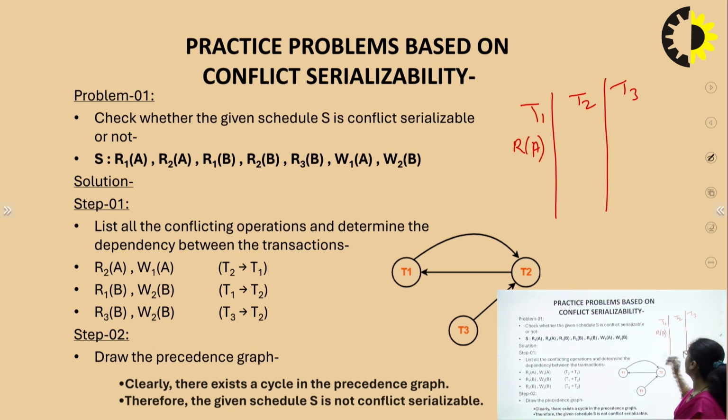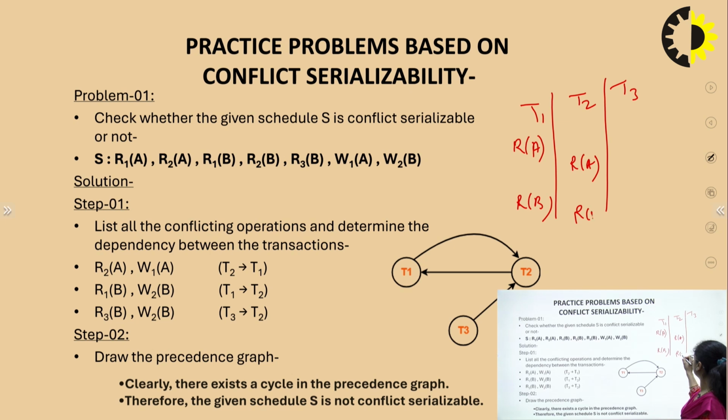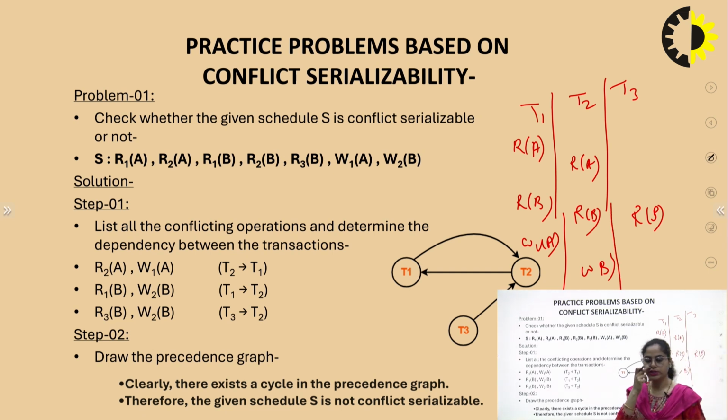So R1 of A, after that R2 of A, after that R1 of B, R2 of B, R3 of B, W1 of A and W2 of B. Okay, this is the schedule S.